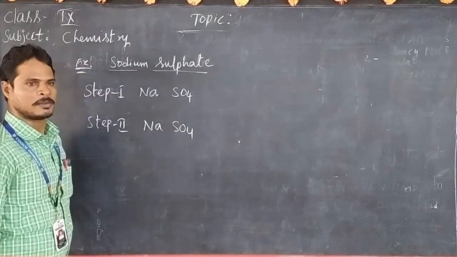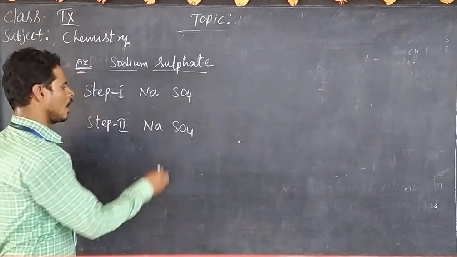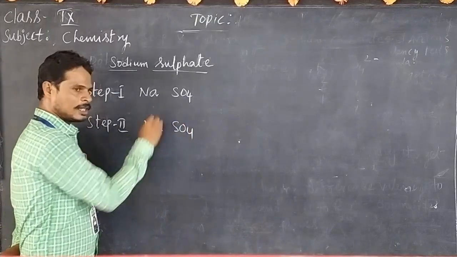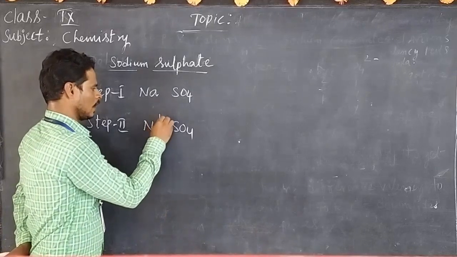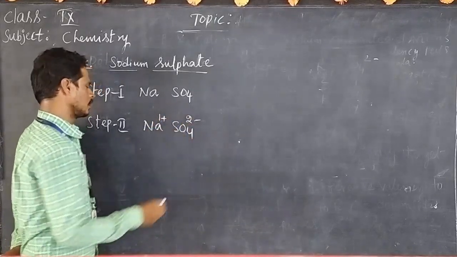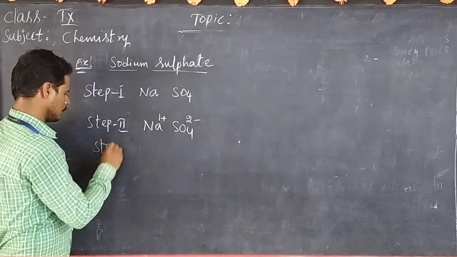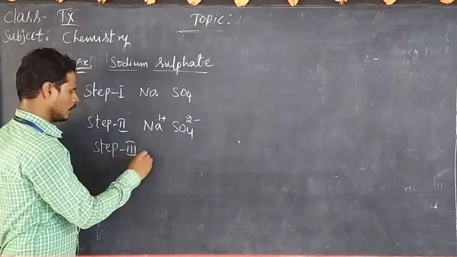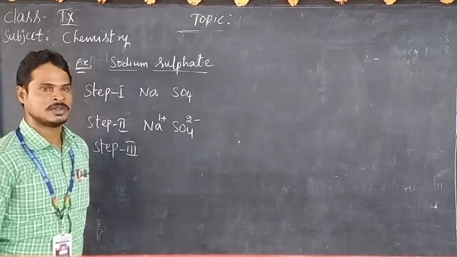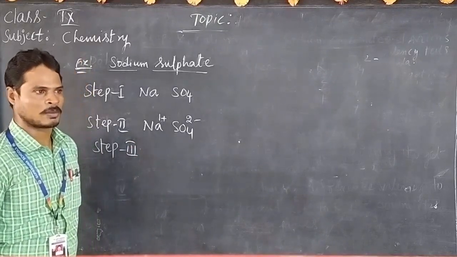Step 2. Put the valency of cation and anion on the top right side of the cation and anion. What is the charge of sodium? +1. What is the charge of the sulfate ion? 2 minus. Next, step 3. We know that if both have the same valency, we directly cancel and get the chemical formula.